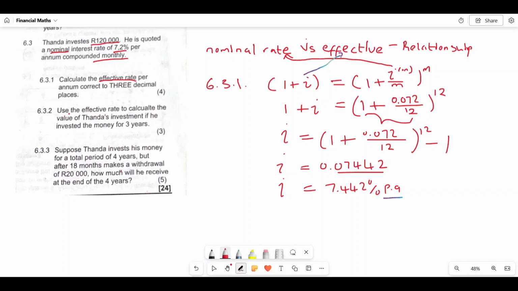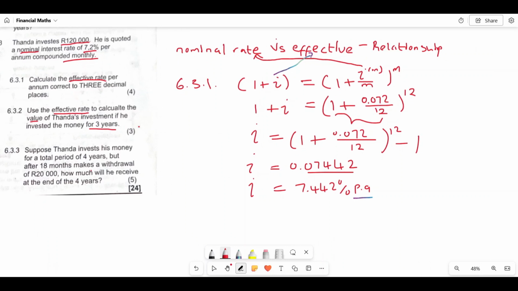The next question says use the effective rate, which we just calculated, to calculate the value of Tanda's investment if he invested the money for 3 years. So we want to know what the value of the investment would be after 3 years.